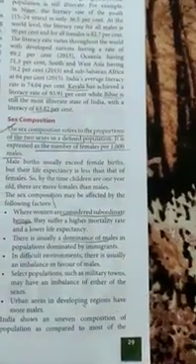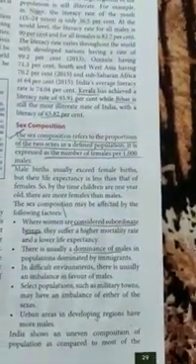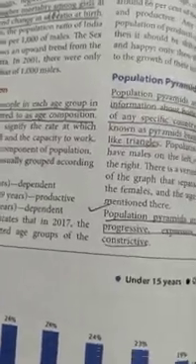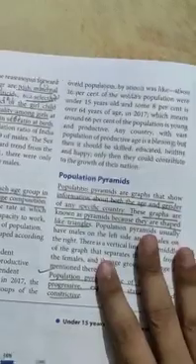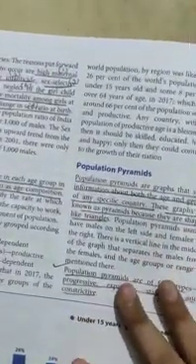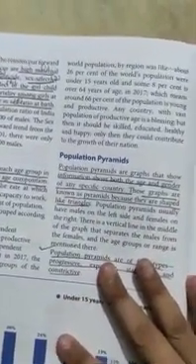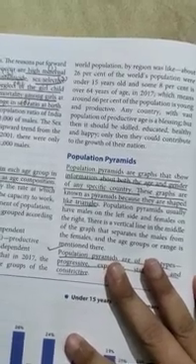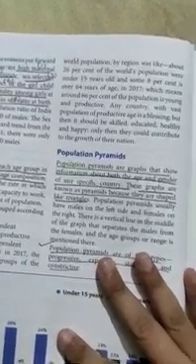India shows an uneven composition of population as compared to most of the developed countries. Now, what are the reasons behind this? First is high maternal mortality, female infanticide, and sex-selective female abortions.